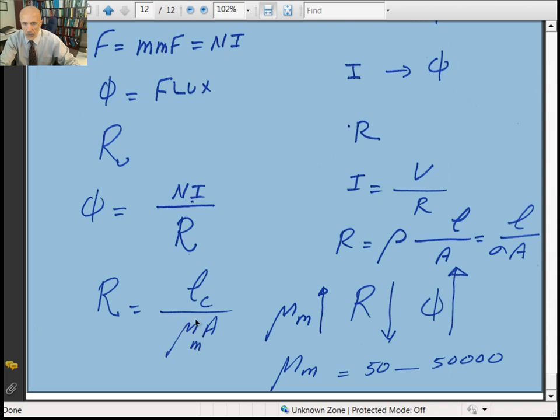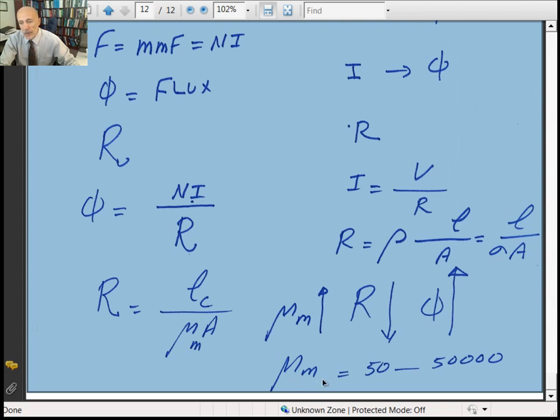If mu sub m is very large, then what happens to the reluctance? If mu sub m goes up, if you take ferromagnetic material with a very high permeability, that means it's easy to turn those domains and line them up to make a permanent magnet, then the reluctance is going to go down, and the flux phi, if the reluctance goes down here for a given number of turns and a constant current, you're going to generate a much higher magnetic field.